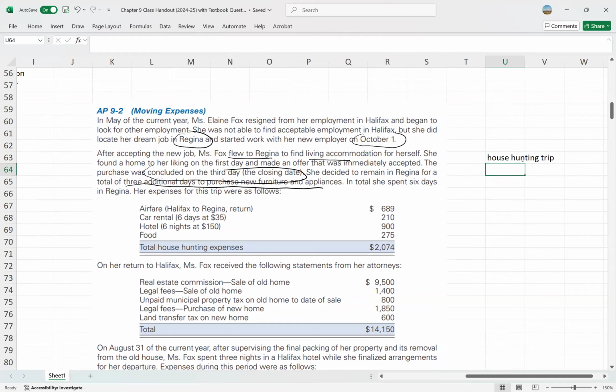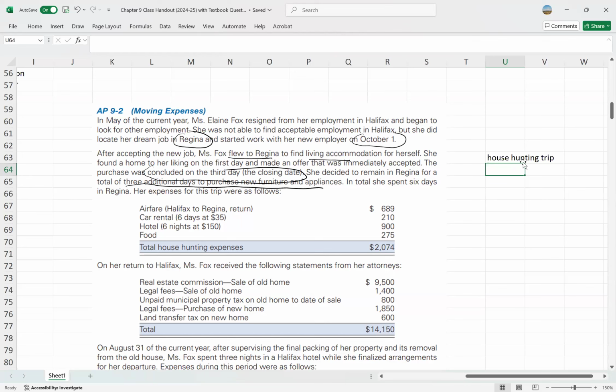And so basically everything was finalized by the end of day 2. And this is where, when I did this question myself, I only used 3 days for the meals and lodging, day 4, 5, and 6. But because she stayed in Regina for 6 days, that third day, everything was already concluded.